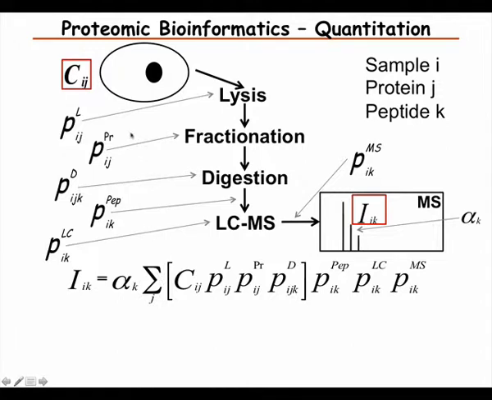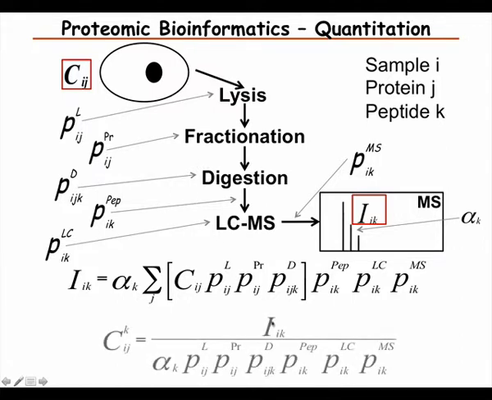But I mean, we can't really measure all these losses, but what we can do is observe that if we keep all these conditions the same, and we only look at peptides that can come from one single protein, we have a proportionality between the intensity of a peptide and the concentration of the protein.